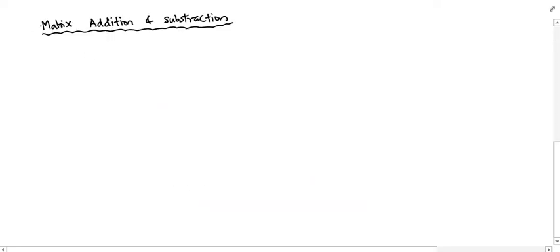Moving on to matrix addition and subtraction. First of all, we should know the condition for when we can add or subtract two matrices. We cannot add any two matrices in general, but we do have a condition.